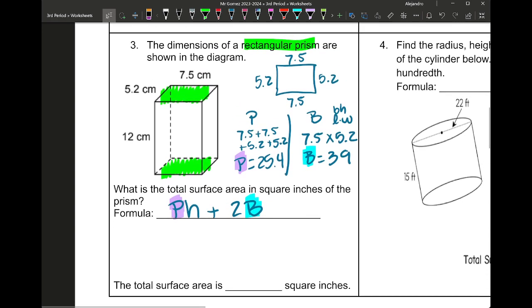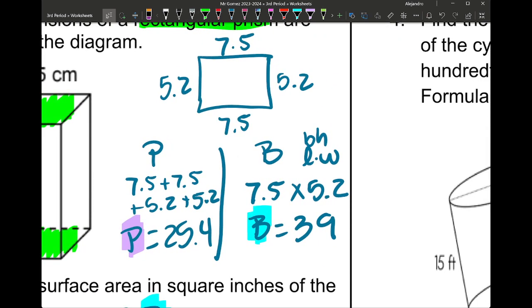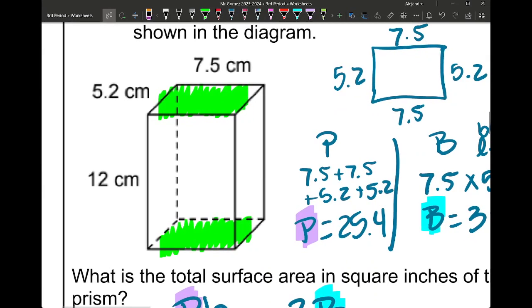Now let's go back to the prism, because when we were doing the P and the B, we were only looking at the base. We were not looking at the prism. So now, what numbers have I used? 7.5 and 5.2. So the only one that I have not used is 12. Now if you notice that 12 is going to be the distance between the two bases.